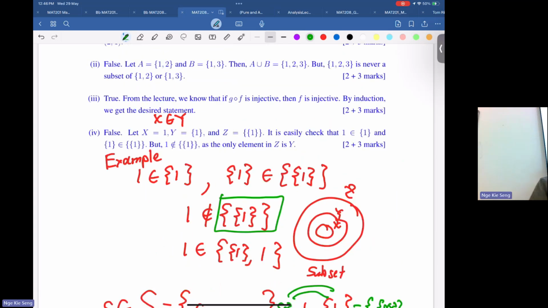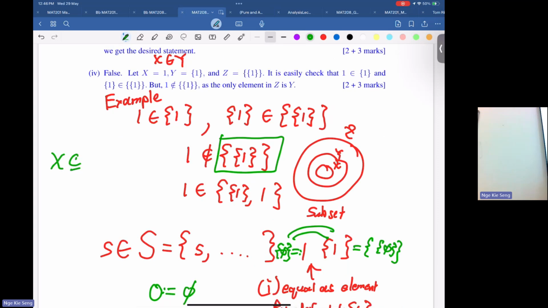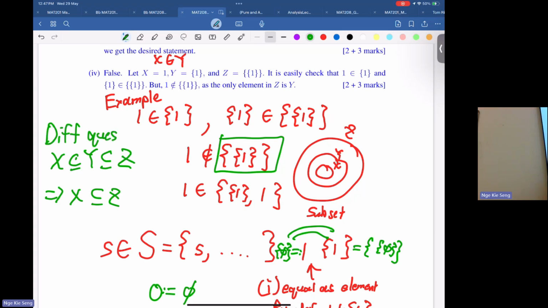Is considered about X is a subset of Y is a subset of Z, then X is a subset of Z, but that's wrong by definition. No, not wrong by definition. This is a different question. What did you say? Subset. You mean this ball thingy?